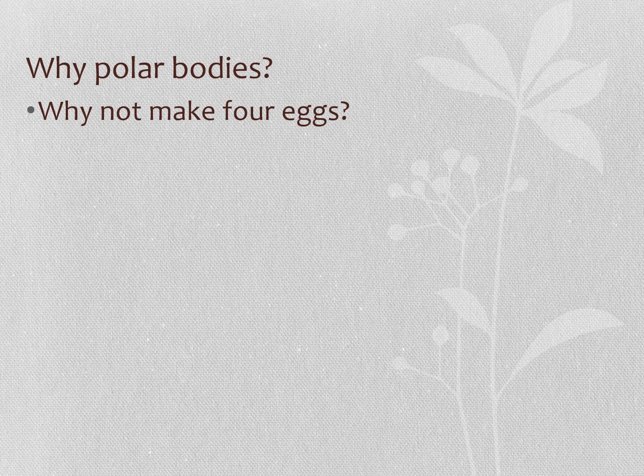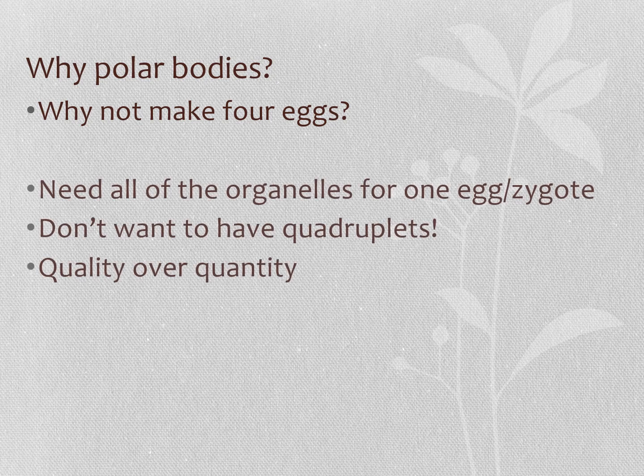Okay, so there are a couple of reasons that this makes sense, right? So first of all, since Mr. Sperm is not bringing any organelles, we want to keep one cell that has a full set of all the organelles you're going to need, the endoplasmic reticulum and the lysosomes and the centrioles.